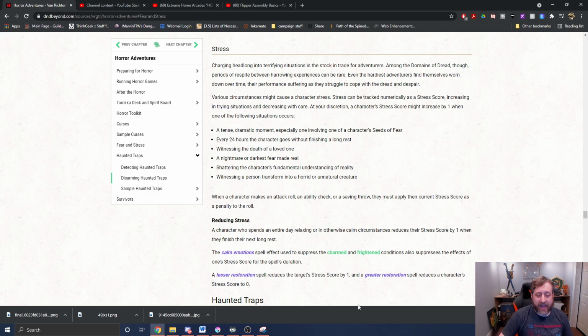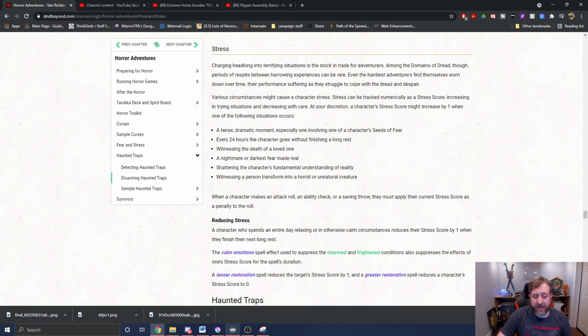When a character makes an attack roll, an ability check, or saving throw, they must apply their current stress score as a penalty to the roll. So if one of those things happens and it increases, it's just a permanent -1 to attack rolls, ability checks, and saving throws until you find a means to reduce that stress.